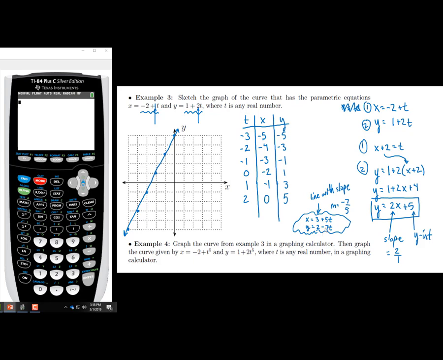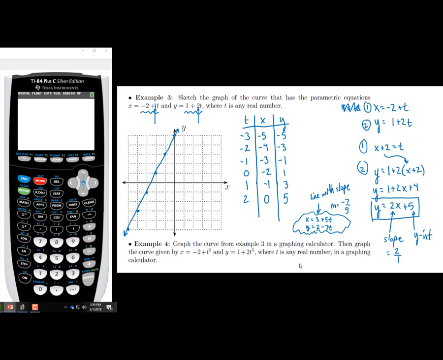Because I can see that if t changes by 1, then y goes down 7 as x gets bigger by 5. So hence a slope of -7/5. Okay, so that's just one point I wanted to make.